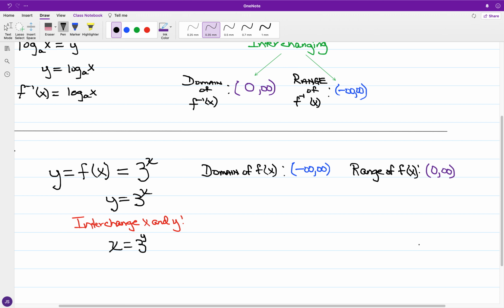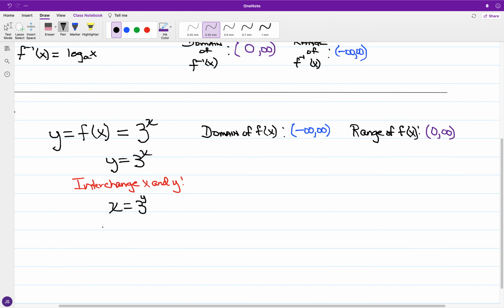And I want to get this equation where y is freed up from the power position. So I'm going to take care of the 3 by taking both sides and applying base 3 logarithms. Here I'm going to have the base 3 logarithm of x is equal to the base 3 logarithm of 3 raised to the y.